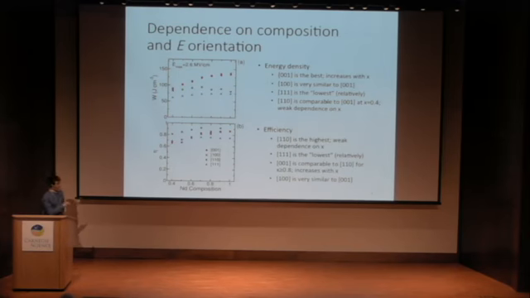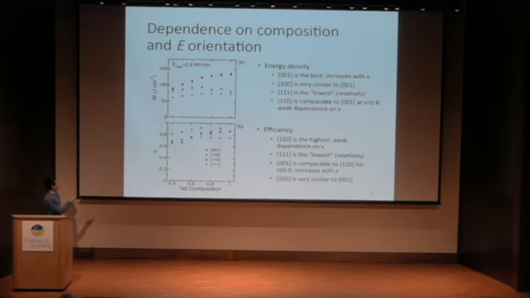So that's the same figure again. With the same maximum applied electric field, which is 2.6 megavolt per centimeter, let's compare different E-field directions in some more detail. For energy density, the 001 field is the best, and it also increases with composition.